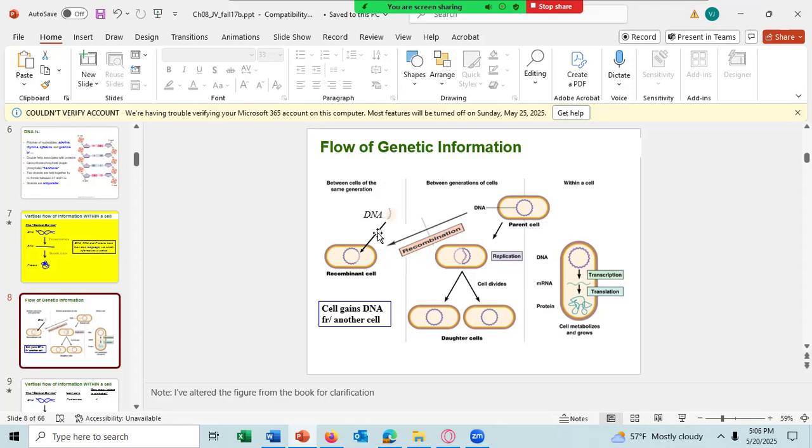It then goes into a recombinant cell. And this DNA is DNA not from this cell, but from this cell. And that is known as recombination, or the flow of information between cells of the same generation. Any questions about any of that?